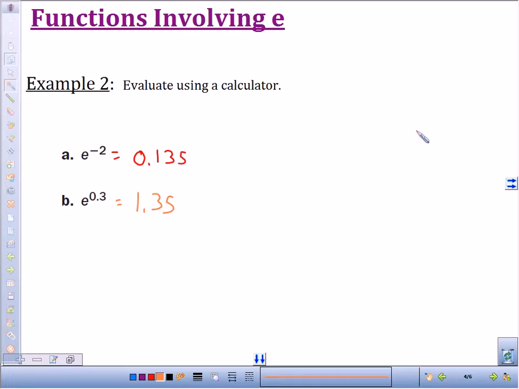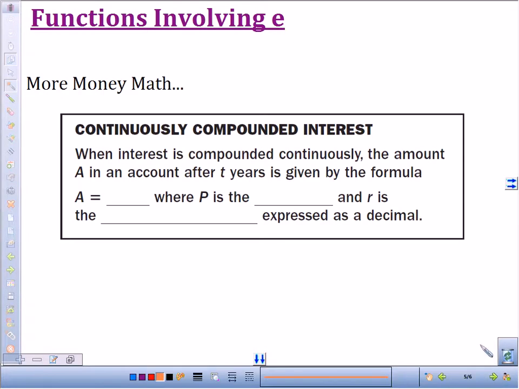But most of the time, interest is actually compounded continuously, as in over and over and over again, every second, every fraction of a second, constantly being accrued.